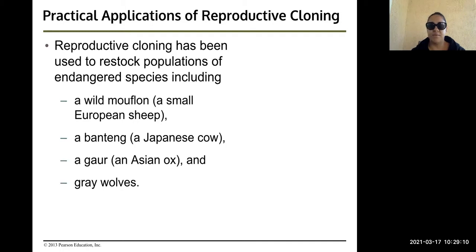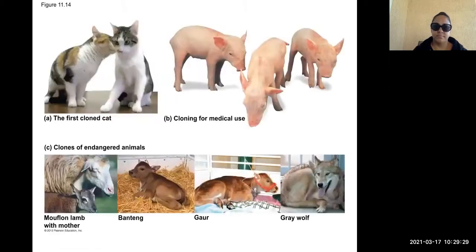A banteng is a Japanese cow. A gar is an Asian ox. And gray wolves. These are just pictures. If you've never seen a mouflon, a banteng, or a gar, that's what they are.